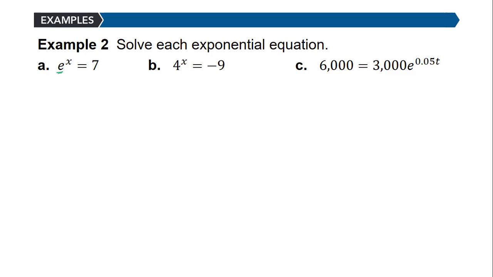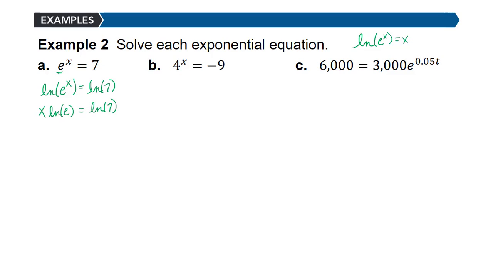Now, I will tell you this, if your exponential equation involves a base e, then you'll want to use a natural log, because remember that the natural log of e to the x is just x, since those are inverse functions. So in example A, I have e to the x equals 7, so I'm going to take the natural log of each side to get the natural log of e to the x equals the natural log of 7. Natural log of e to the x is just x, but if you didn't remember that, you can write that as x times the natural log of e equals the natural log of 7.